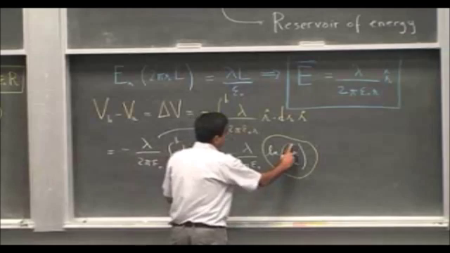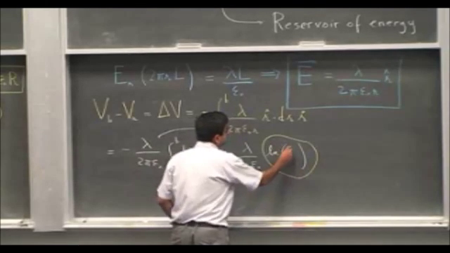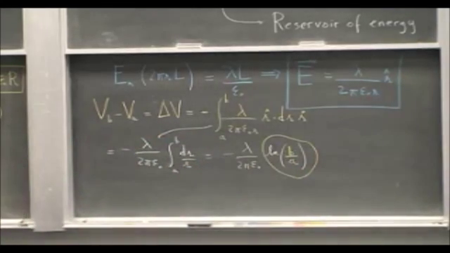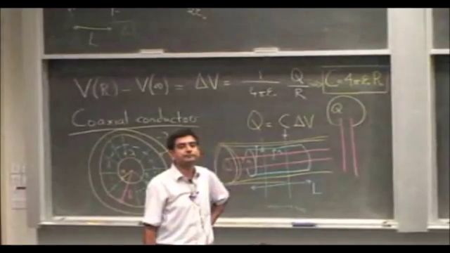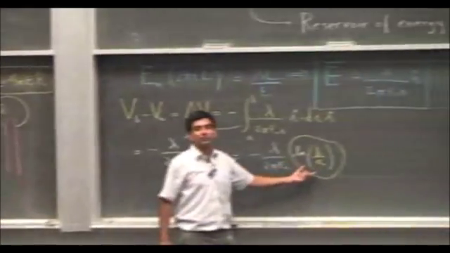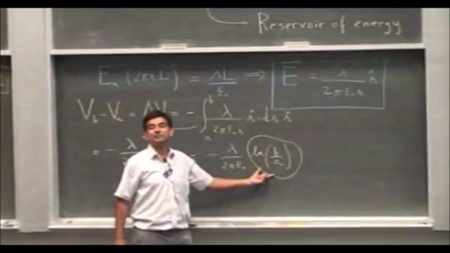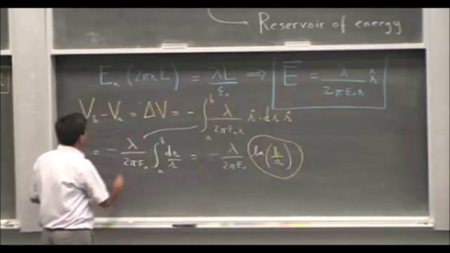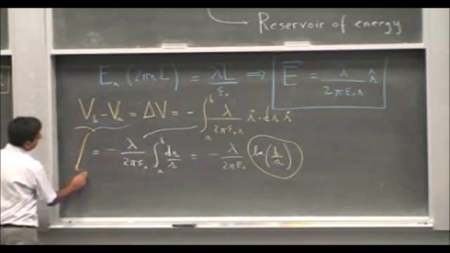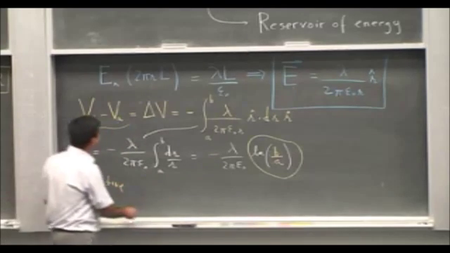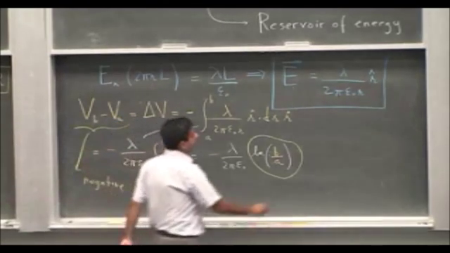Instead of R_B over R_A, I write B over A. Is this quantity positive or negative? B is greater than A, so this number is greater than 1. So it's positive. This is positive, but there's a negative sign here. So overall, this thing is turning out to be negative, which means that V_A is greater than V_B.